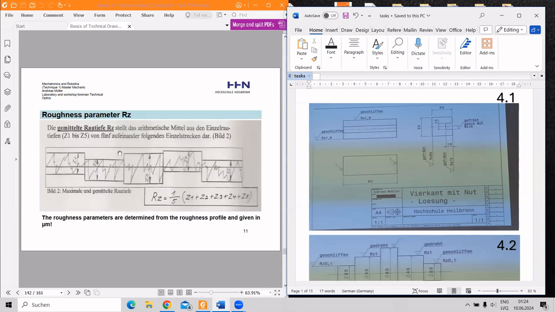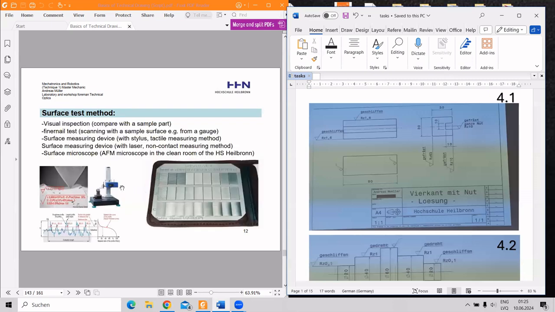Oh, and roughness parameter Rz. The roughness parameters are determined from the roughness profile. Here's the same. So for Rz we need to divide our surface sketch in some parts, and then it's calculated with the formula given here. But precise values can be found in the table book, both for Rz and Ra.